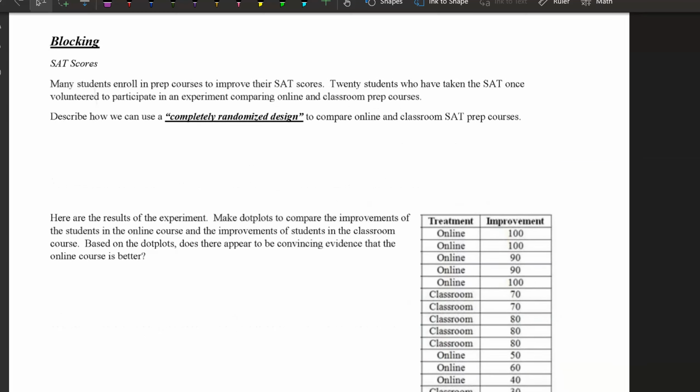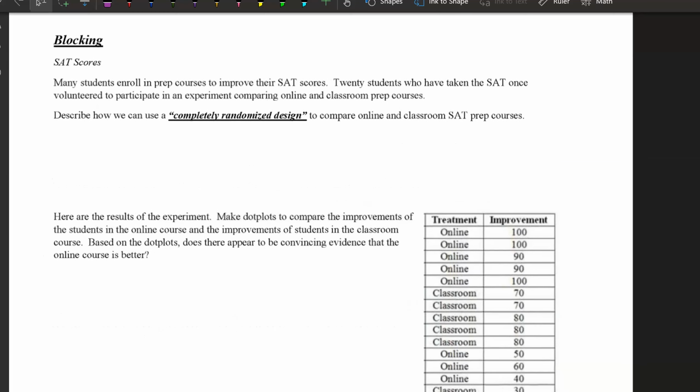All right. So blocking. We studied what was basically a completely randomized design experiment. That's what we just talked about. You take all the subjects and you randomly assign them into the treatment groups. But there is another way to control variables.